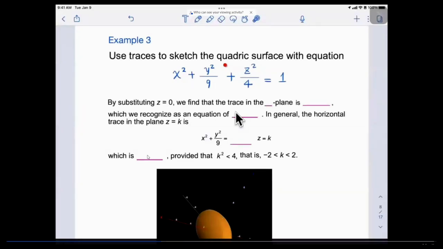This is the equation of what kind of conic section? It is an ellipse, right? Like this is an ellipse.